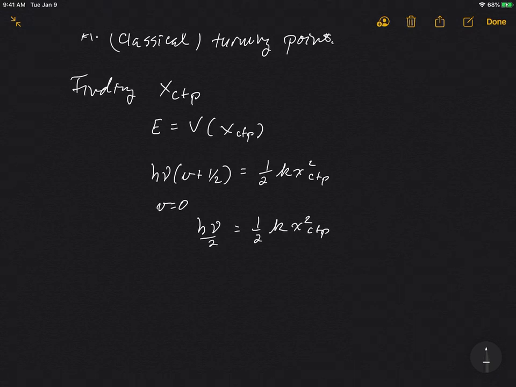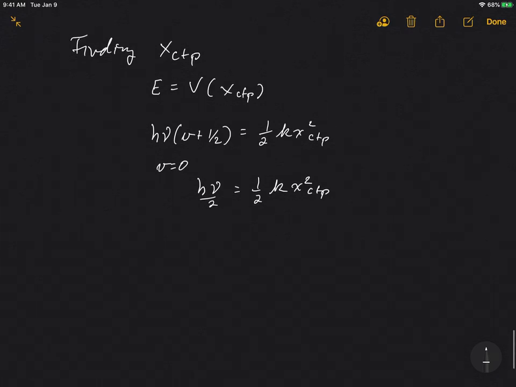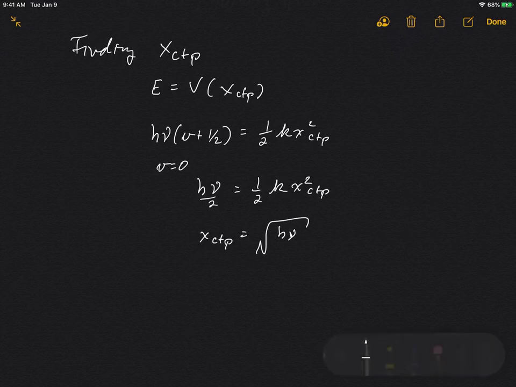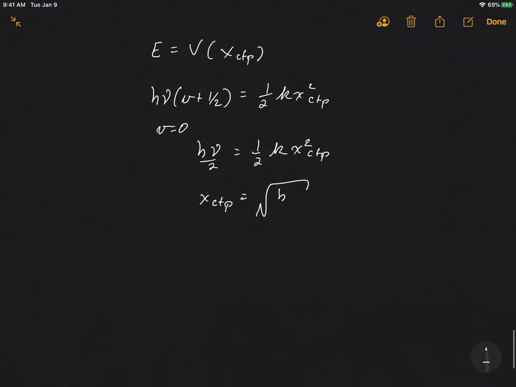The 2's cancel, and we get that the classical turning point is the square root of h nu over k.